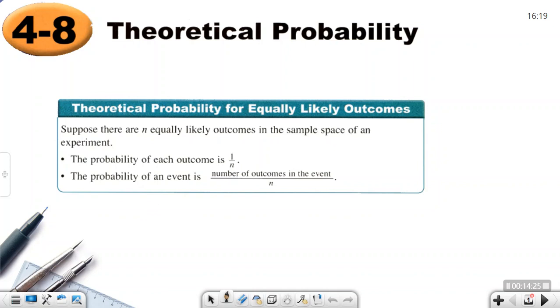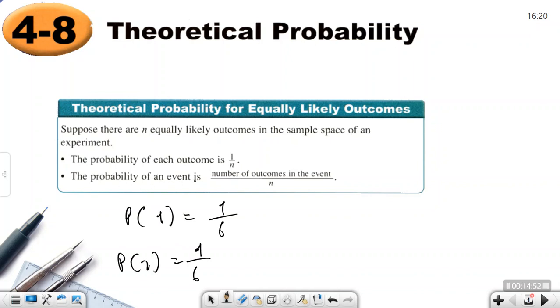There are 6 equal faces. So the probability of rolling 1 is 1 out of 6, so 1 over n. The probability of 2 is the same idea: we have only one 2 on the dice, so 1 out of 6.